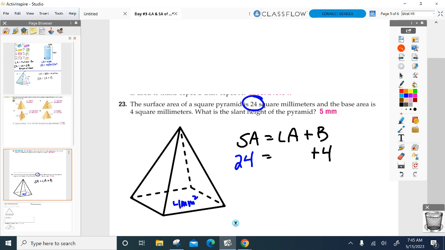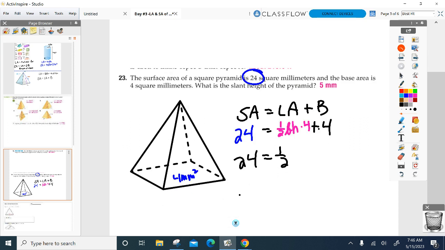What is the slant height of the pyramid? We know lateral area, 1/2 BH times, in this case, 4 triangles because it's a square pyramid. So I know that's going to be times 4, and then I'm going to add to it. 24 equals 1/2. Now let's take a look.